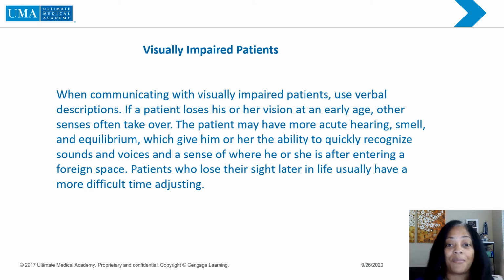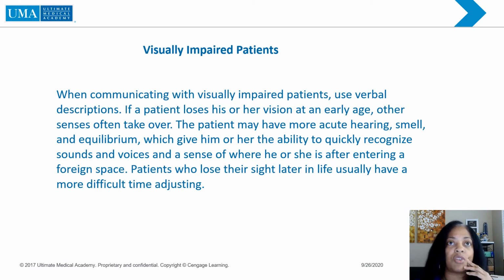So if somebody doesn't see well, they are visually impaired. And there's a big difference in somebody that is visually impaired from birth versus somebody that lost their sight over time. And so we want to also think about that with your patient. Be aware of that.